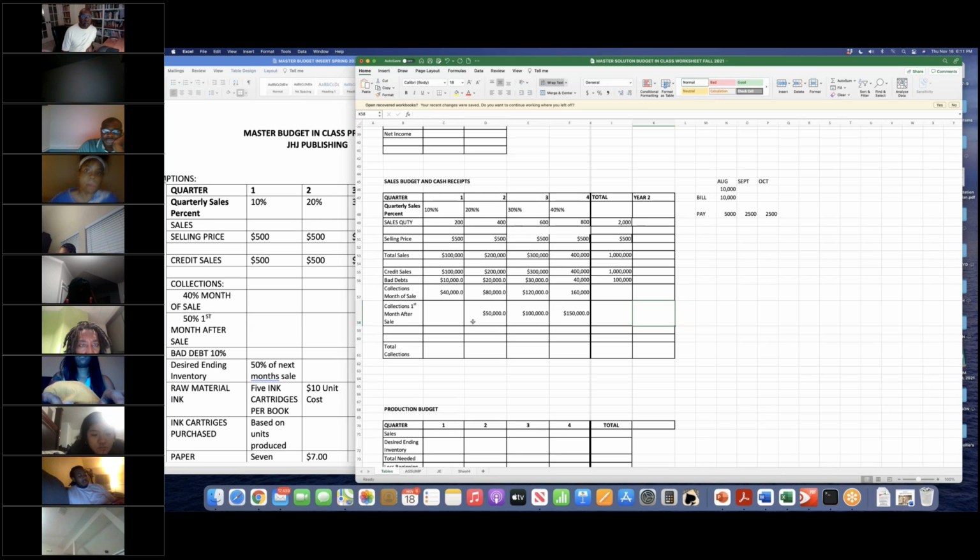So how much money are we collecting? In total, here we're getting... it's not going to sum across for me. Let me just sum it down. So my total sales are 40, 130, 200, and 310. So my total collections are going to be 700,000.